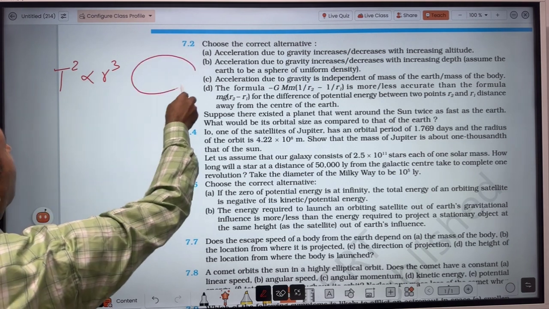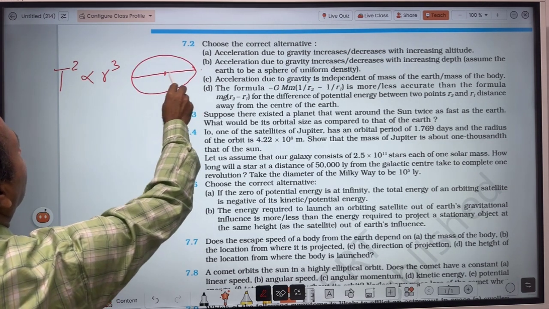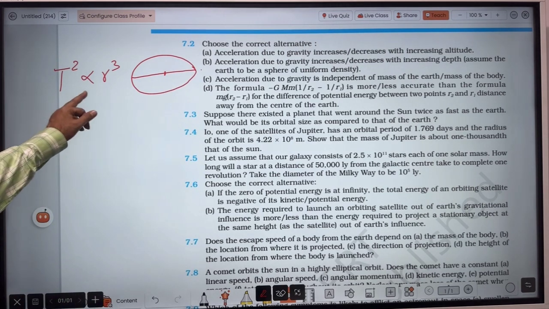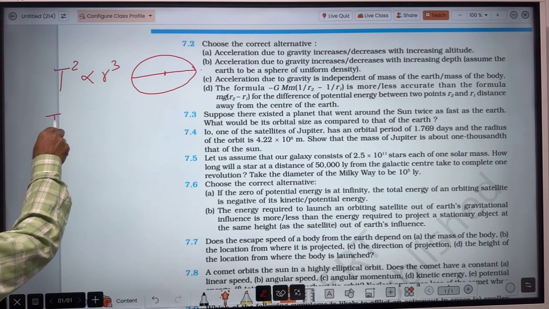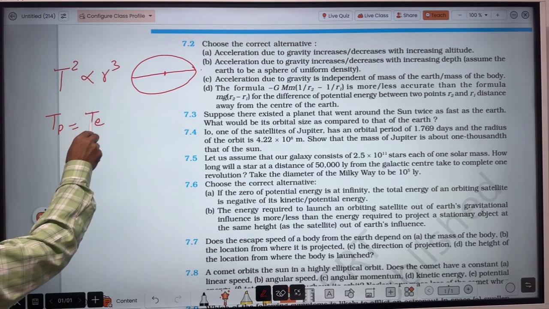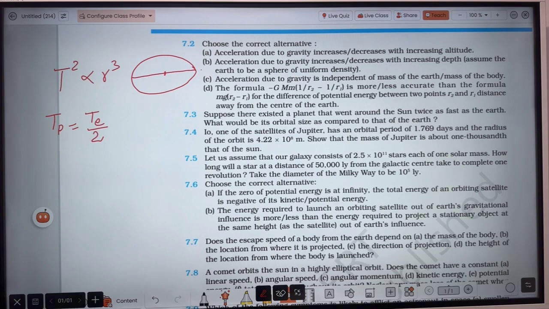Semi-major axis, I think you remember, if you take half of the major axis, this is the case of an ellipse. So T square proportional to R cube. Here the question says the planet went around the sun twice as fast as the Earth. So time period of planet is time period of Earth divided by 2.